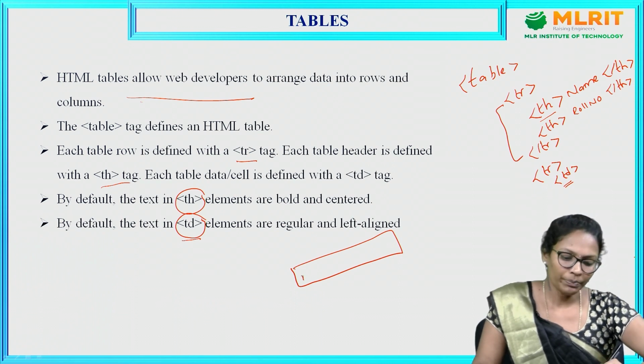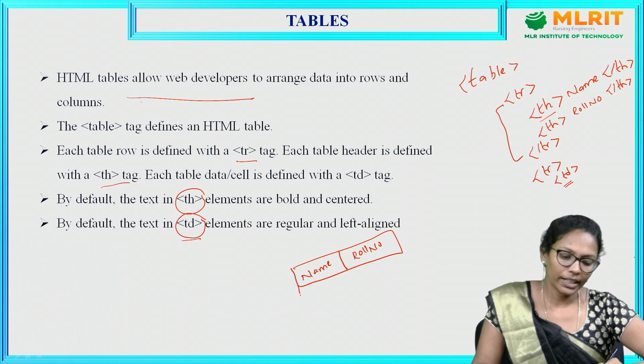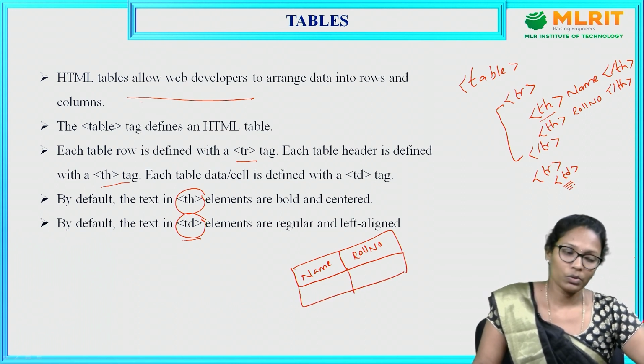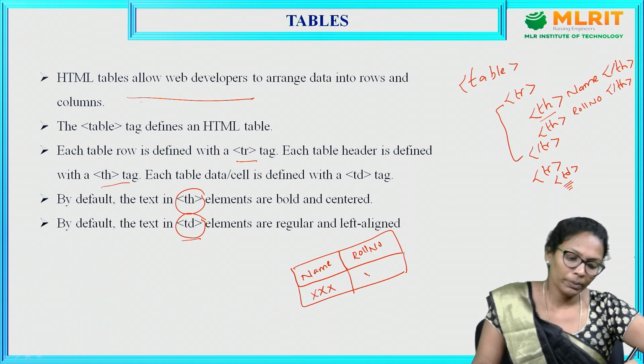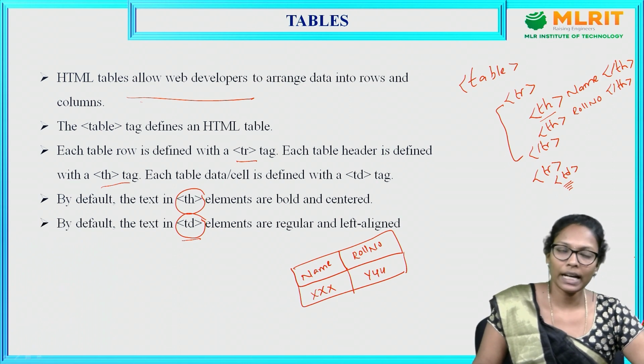So name is the first column heading and roll number is the second column heading, which will be displayed in bold. And the second row will be created, where you are adding table data. The name of the student may be some X and the roll number may be some Y. Like this you can add the table heading and table data.